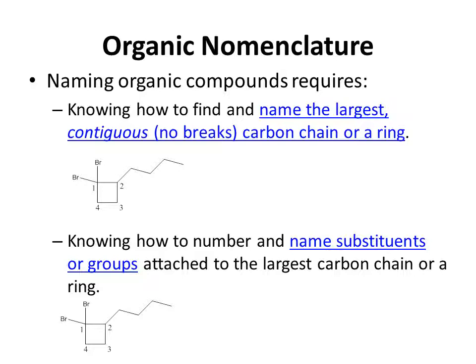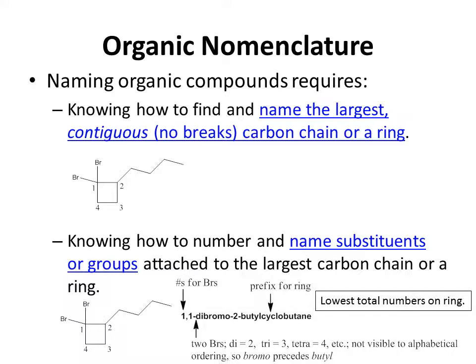Thus, we give position 1 to the dibromo and position 2 to the butyl. We always want the lowest total numbers on the ring. Thus, the final name would be 1,1-dibromo, numbers for the bromines, 2-butyl, then cyclo, which is the prefix for the ring, finally butane. 1,1-dibromo, 2-butyl, cyclobutane.